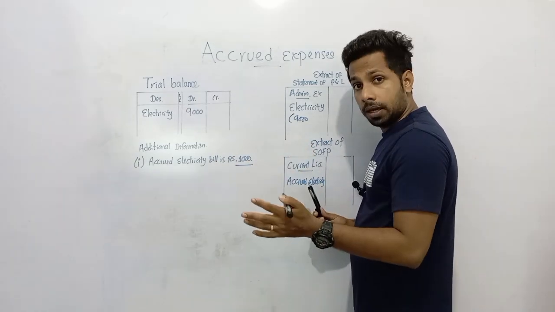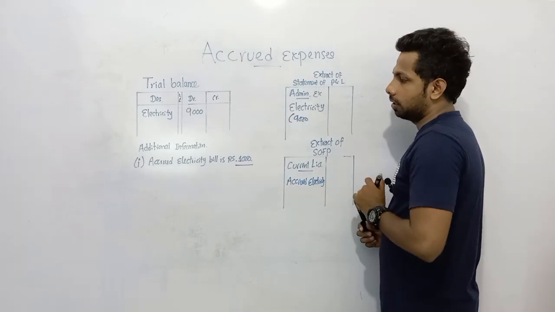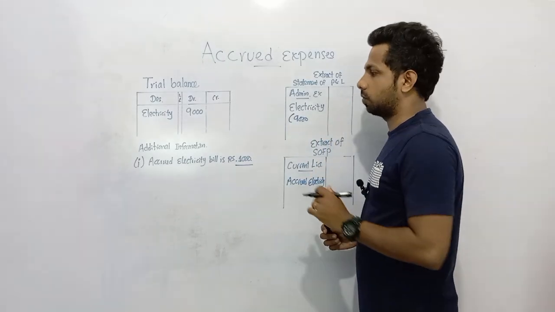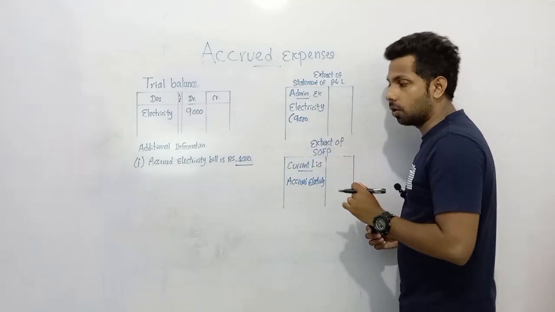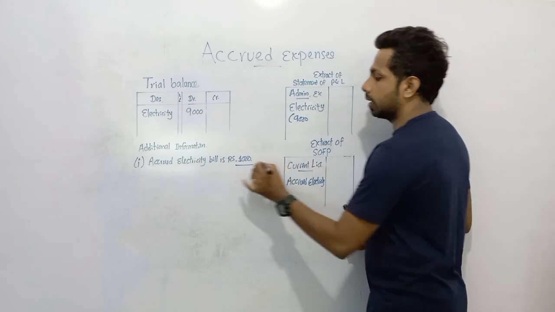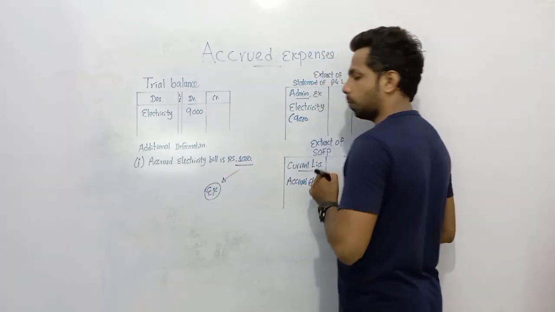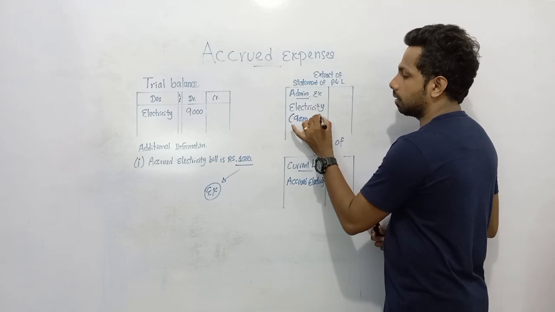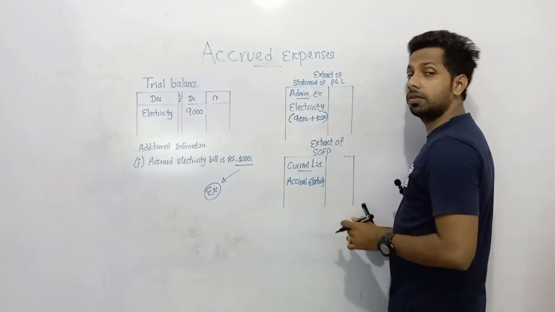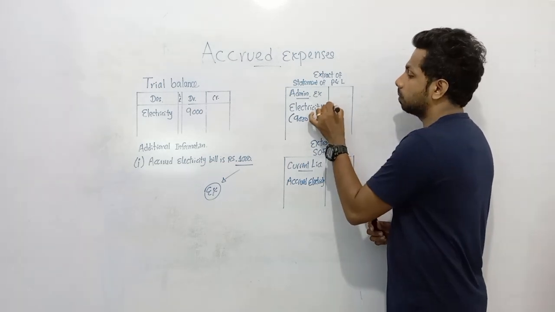So tell me, how do we calculate profit? On accrual basis. So we need to extract the total expense whether paid or not. 9,000 is paid, and this 1,000 also we need to recognize as an expense. So I will add 1,000 to the paid amount, and then the total expense is 10,000.